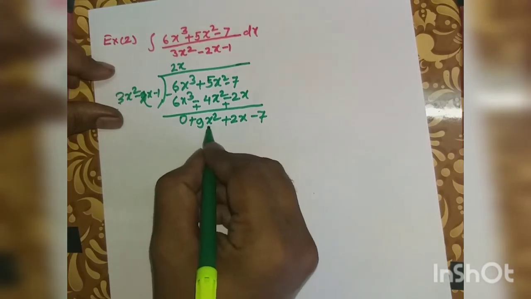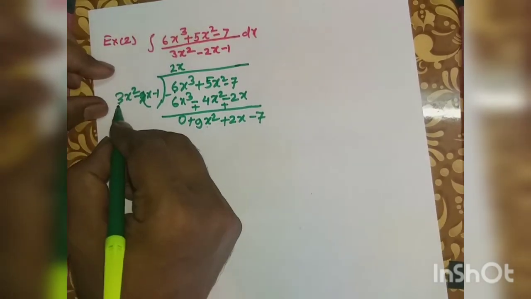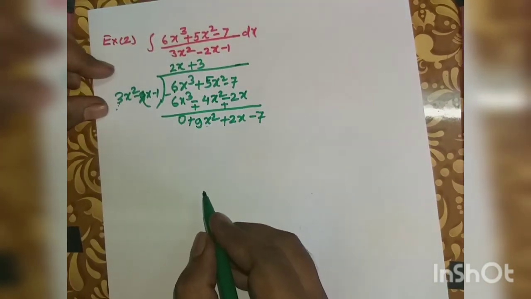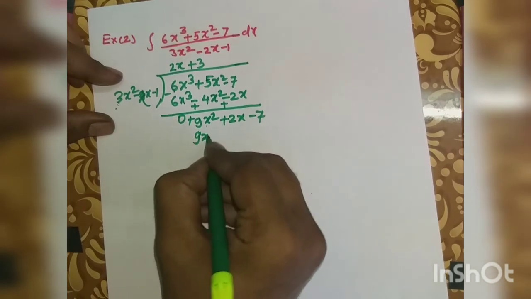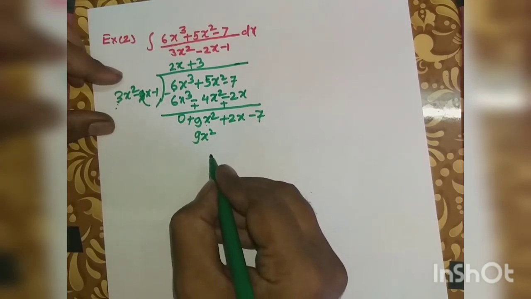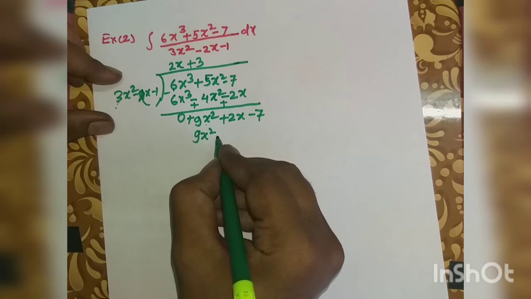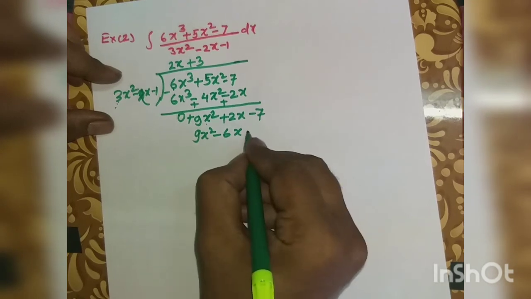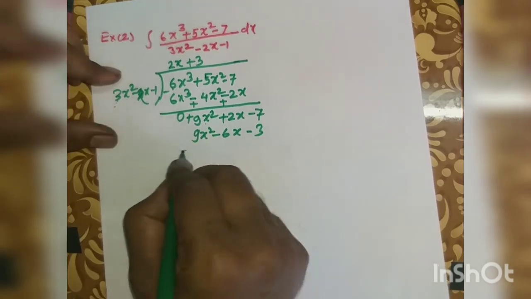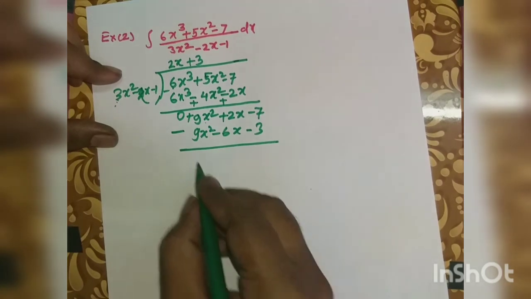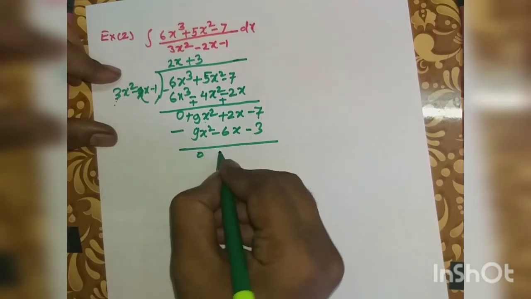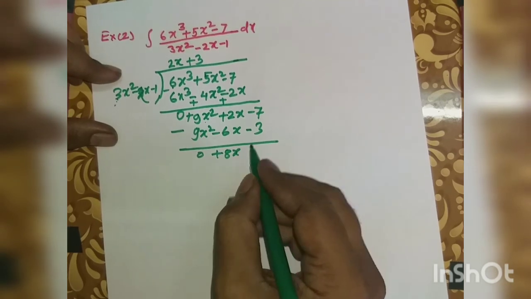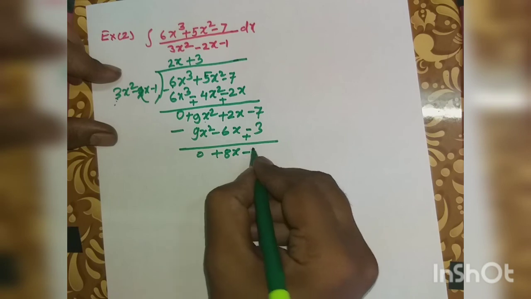Now again eliminate this x square. Multiplying 3 by 3 is 9, so 9x square minus 6x minus 3. Subtraction: 9 minus 9 is 0, plus 8x, and here minus 7 plus 3, it is minus 4.